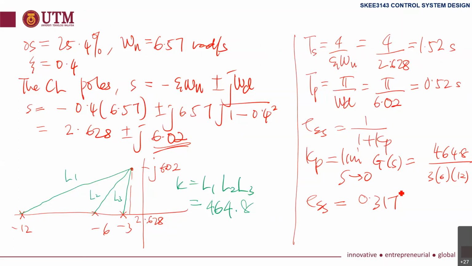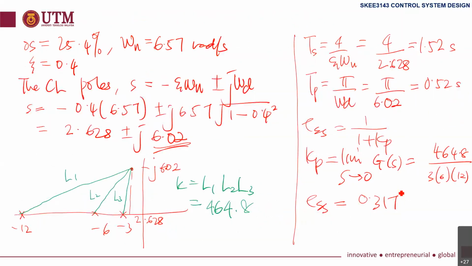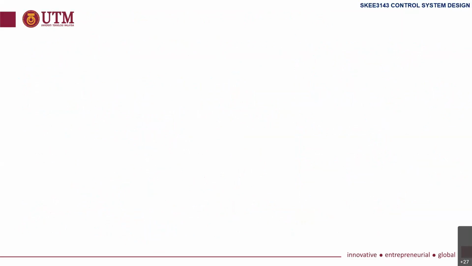We need to proceed, according to the question, to design a PD controller to reduce peak time by half. Peak time 0.52, we want to reduce by half. New peak time is 0.52 divided by 2, 0.26 seconds.